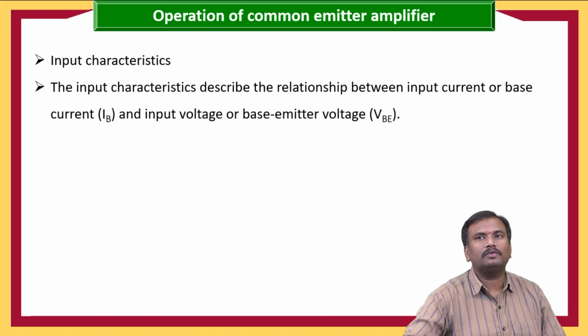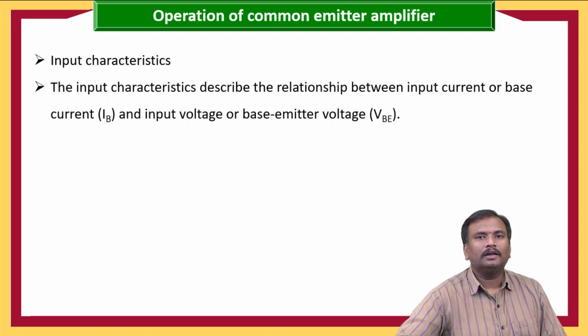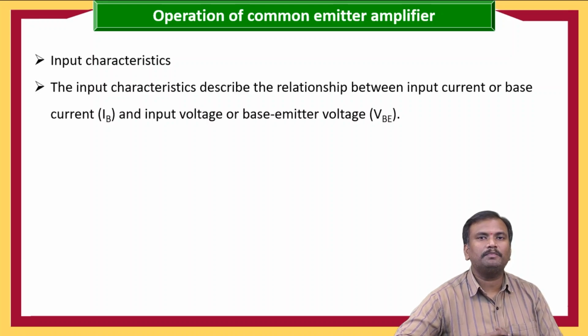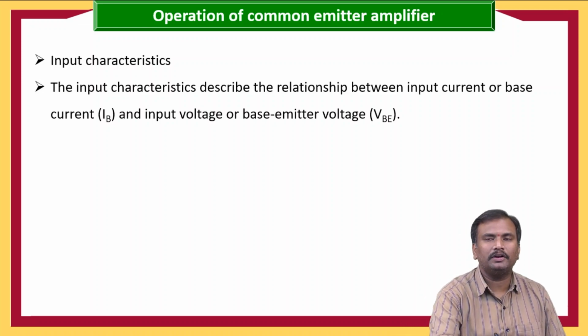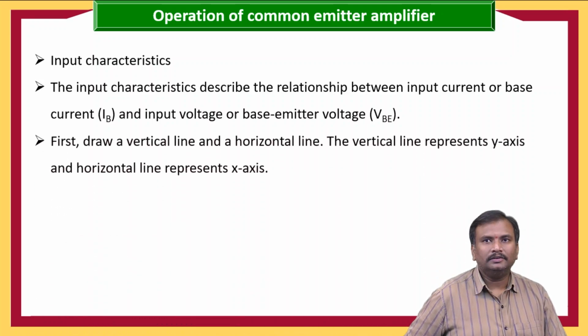First, let us go with the input characteristics. The input parameters are the base to emitter voltage and base current. The relationship between the input current and input voltage is nothing but the input characteristics.